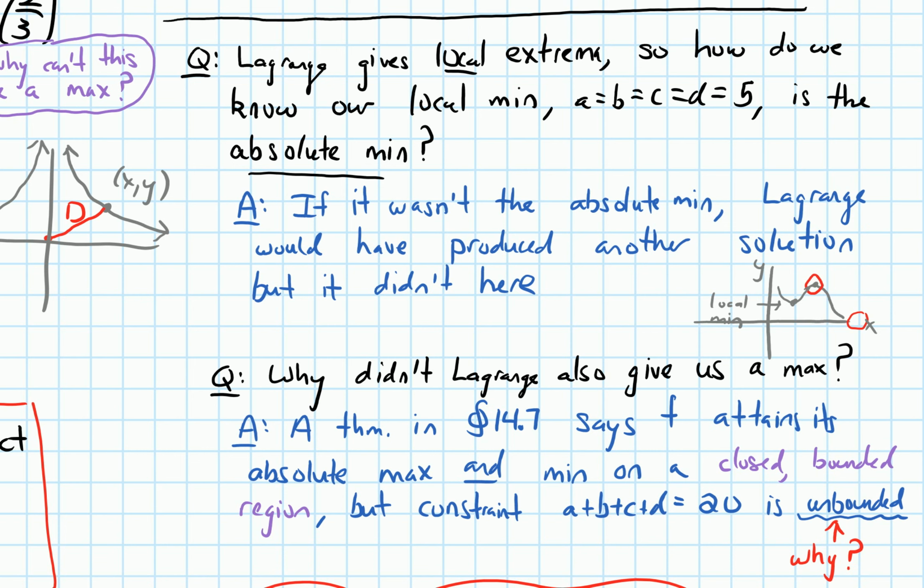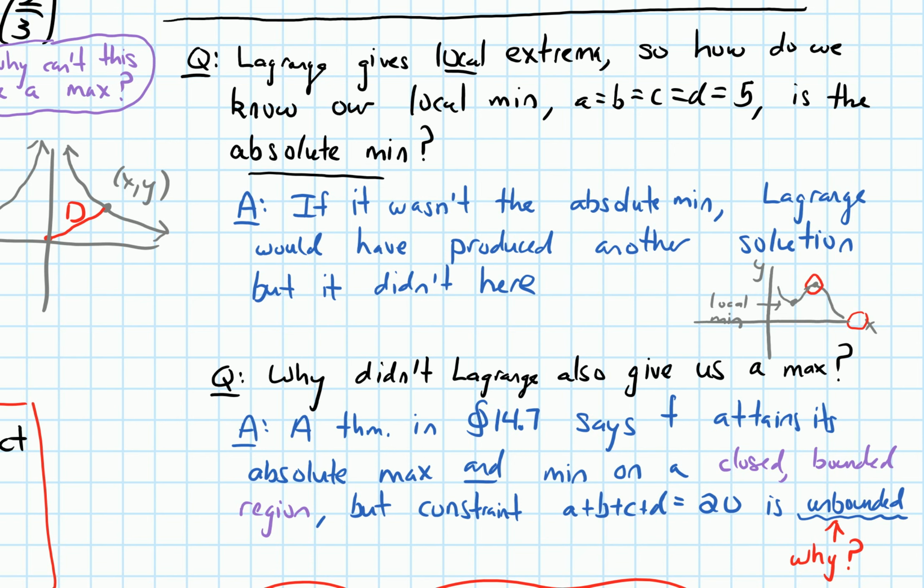But for our purposes, because it is unbounded, that means this theorem from section 14.7 doesn't apply. That's why it's okay that our function didn't have an absolute max, but it did have an absolute min. That's why it's okay, because this condition, that it be closed and bounded, was not satisfied.